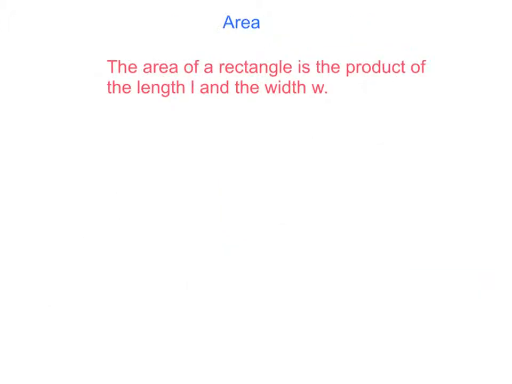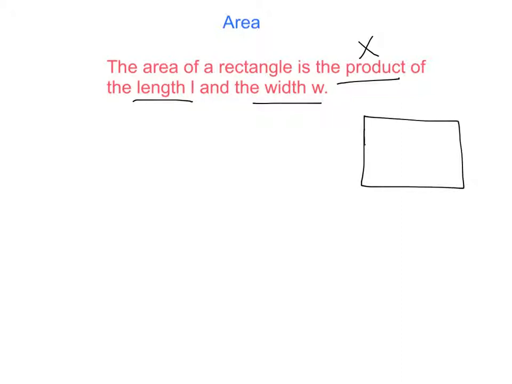Area is our next step in lesson 3-6. The area of a rectangle is the product, which is multiplication, of L, the length, and W, the width. The area is the space on the inside of a shape. So perimeter was the distance around the outside.